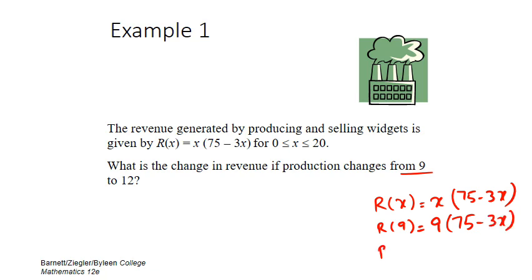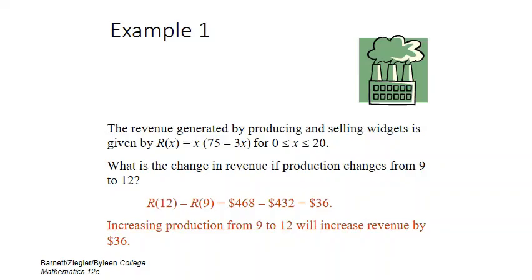When you produce 12, it will increase from 9 to 12, so your revenue will be like this. If you want to know the change in revenue, r of 12 minus r of 9 will give you the change in revenue.